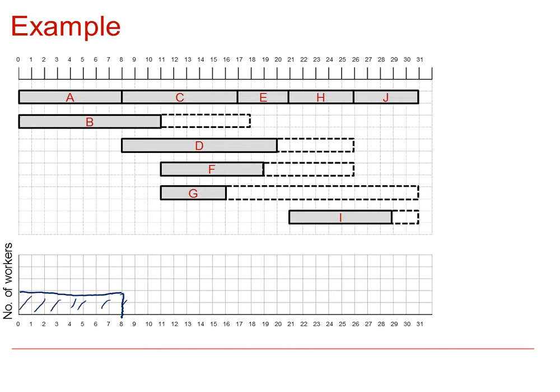Then through until 11, we will need 3 activities for C, B and D. And then through to 16, we would need 4 workers for activities C, D, F and G. And then back down to 3 activities. This would give us the resource histogram shown here.